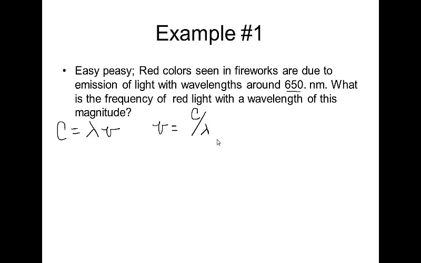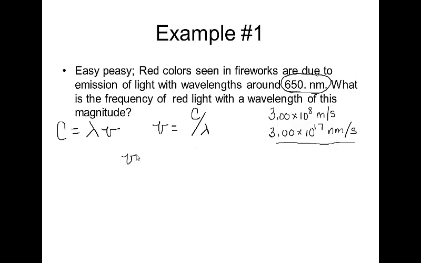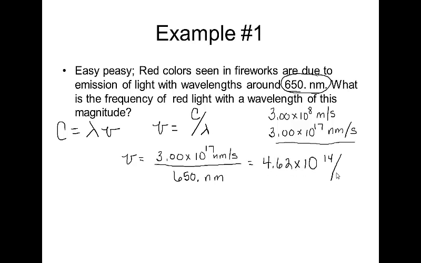Now here's where you've got to do a little thought. Which c am I going to use? Well, my wavelength is in nanometers, so I'm going to make my life easy, and I'm going to calculate the frequency using that one. Plug it into your calculator, 3 sig figs, and the frequency is per second.